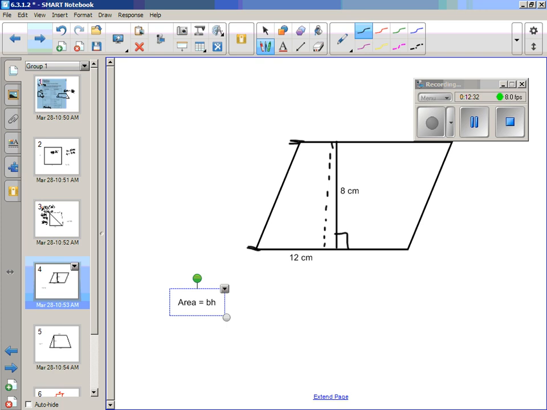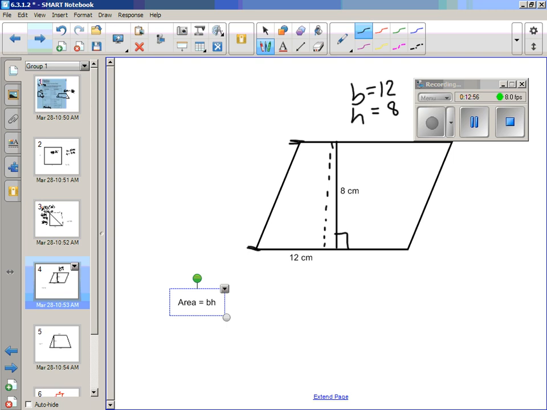So what would be the area of this parallelogram? 96 centimeters squared. You did the base. Base is equal to 12. The height is equal to 8. And 8 times 10 is 80. And then we add 8 times 2, 16.